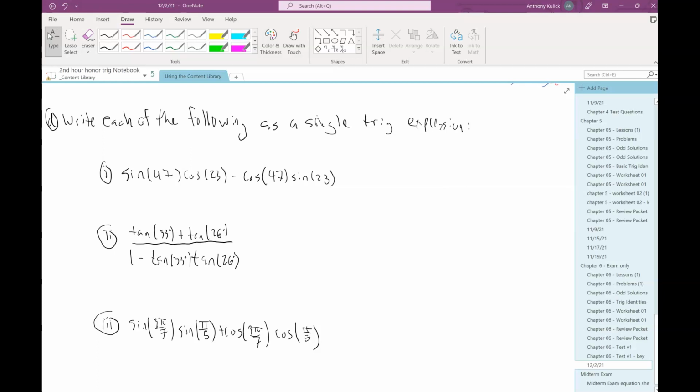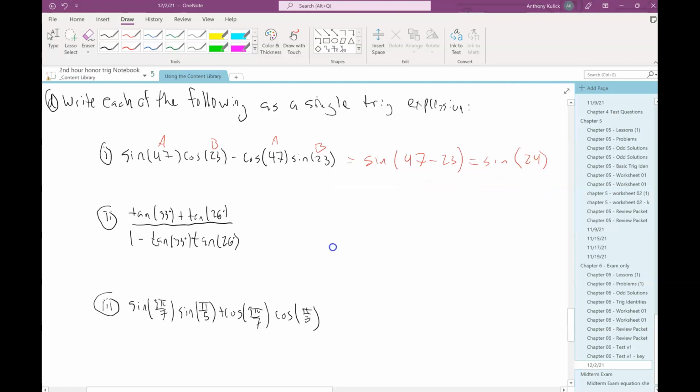So the way I'm going to think about this is I notice that I have sine of A times sine of B minus cosine of A times cosine of B. If I look at my identity, that is exactly the angle difference formula for sine. So 47 minus 23 is 24.